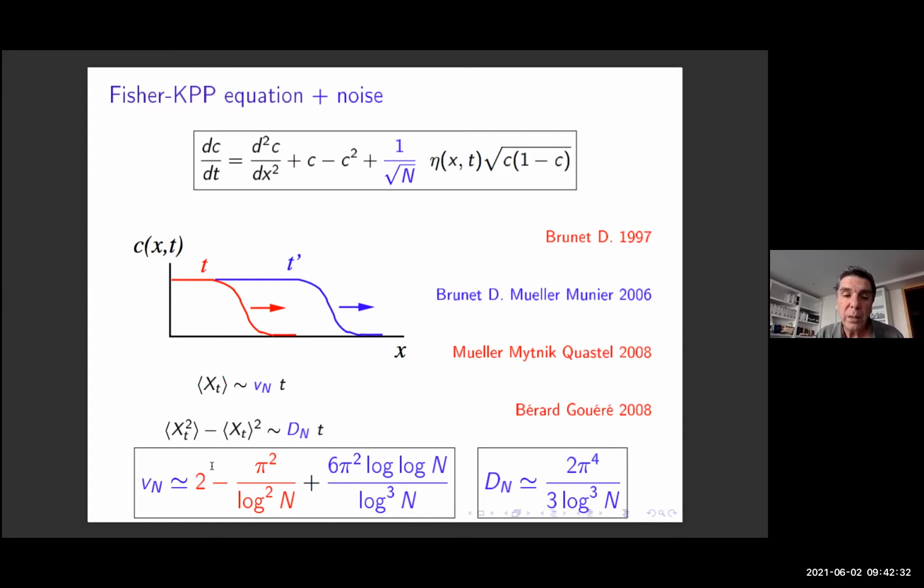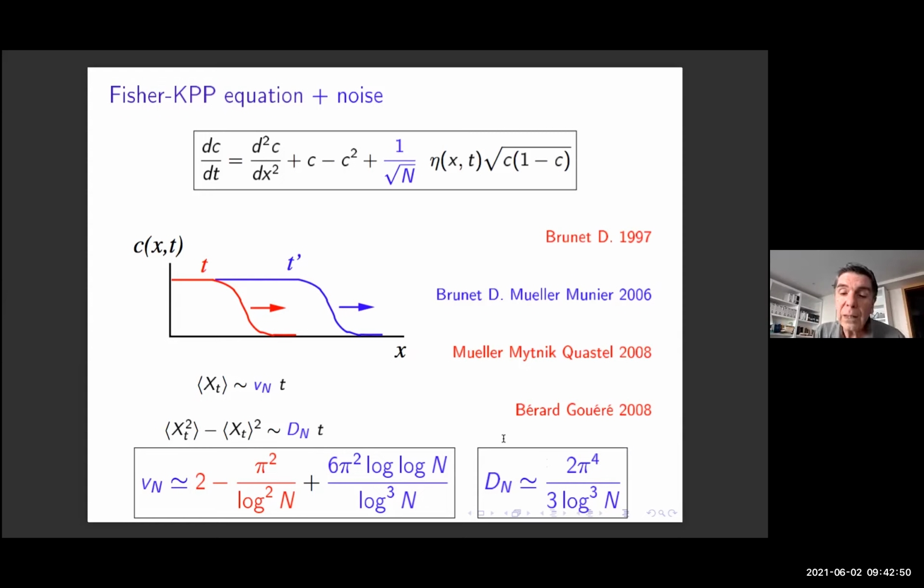Then we pushed the analysis further and got the next term for the velocity, plus also the diffusion constant, which is also like 1/log cubed N with a known coefficient.